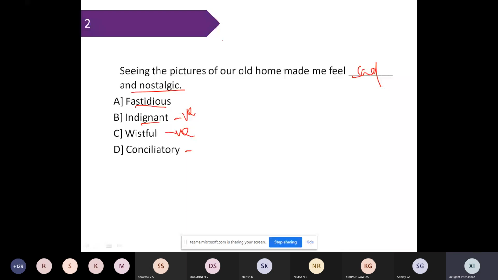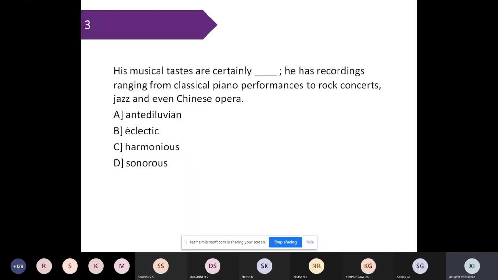Now moving on to the third question. His musical tastes are certainly blank. He has recordings ranging from classical piano performances to rock concerts, jazz, and even Chinese opera. Here, this is an example of type 1 sentence completion, the restatement type, because we have the semicolon here.